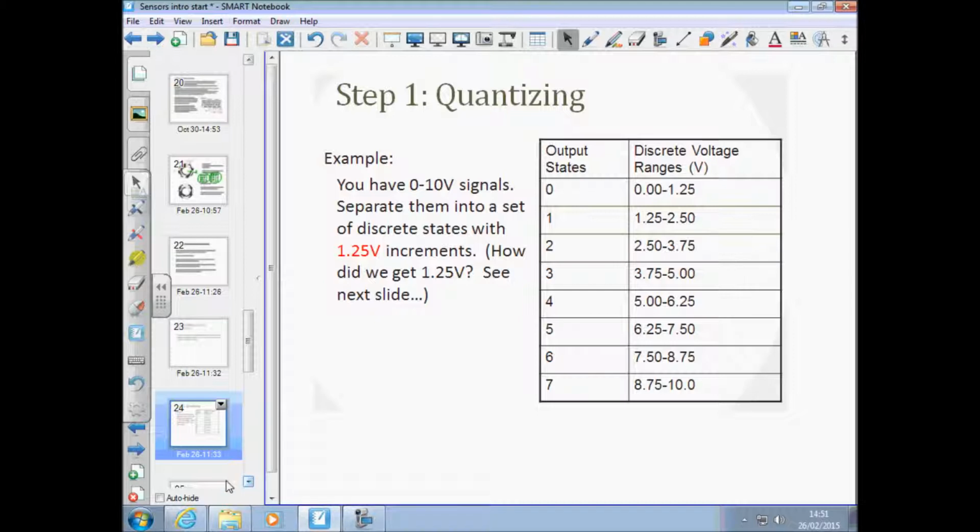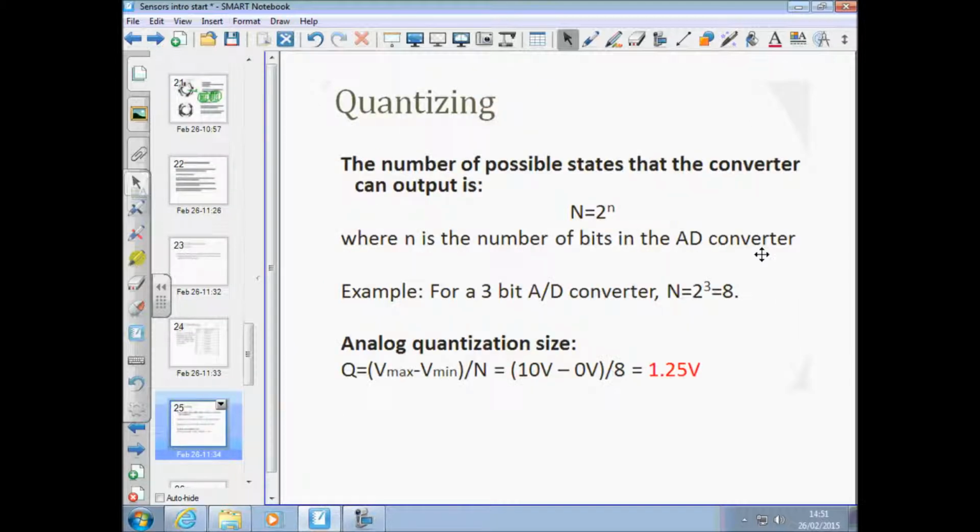Where that 1.25 volts comes from is here. The number of possible states that the converter output can have is N equals 2 to the n, where n is the number of bits in the A to D converter.